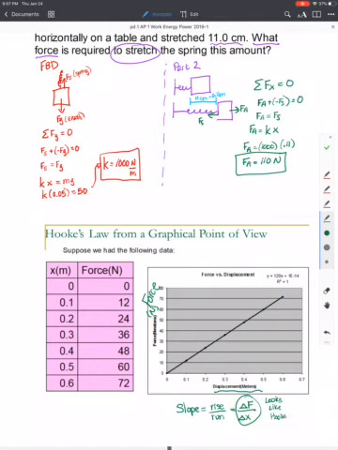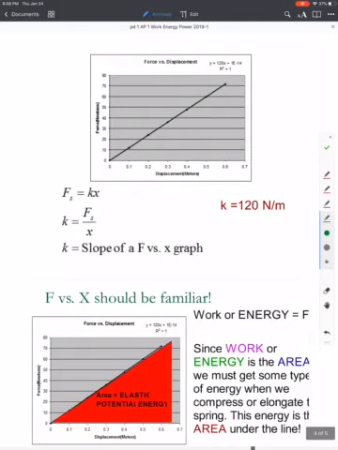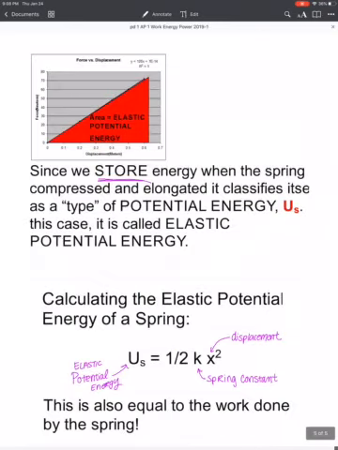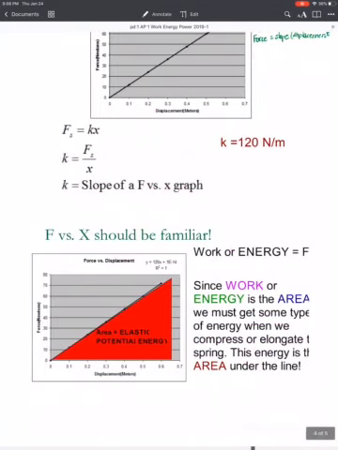Remember, Hooke's law says that force is equal to the spring constant times x. So we're going to use our y equals mx plus b, just like we've used before. For a linear graph, we've got force on the y-axis, slope, and displacement on the x-axis, so our slope must be, by extension, the spring constant.